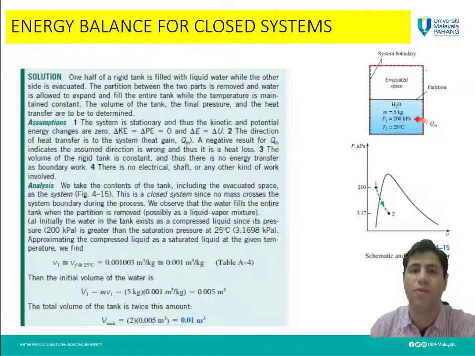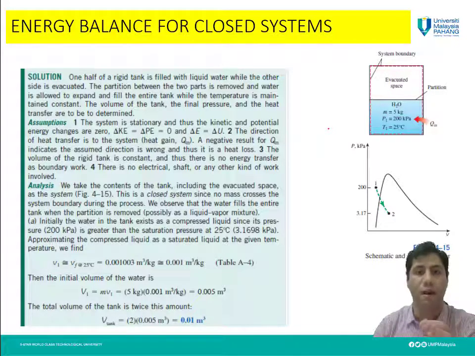We select the whole tank, which includes the water and evacuated space, as our system. So the boundary will be like this red dashed line, and according to this system, we will have a constant volume process actually.